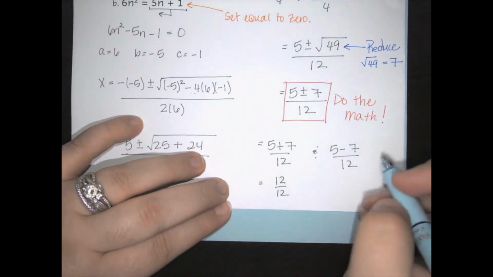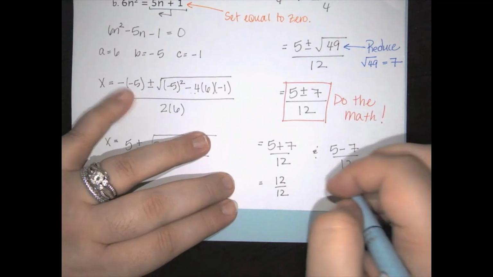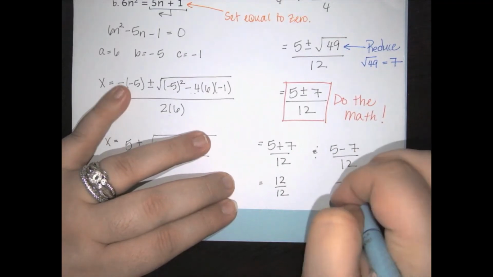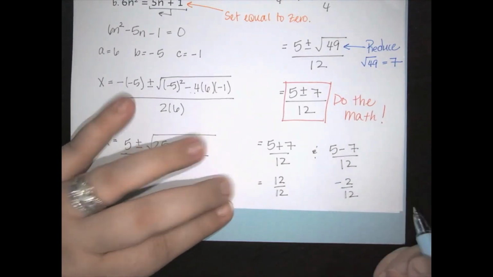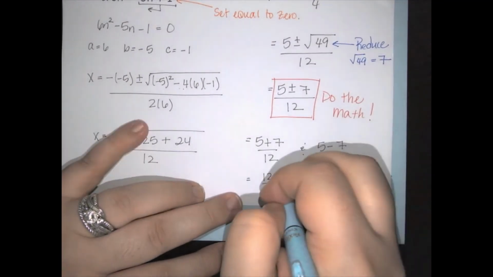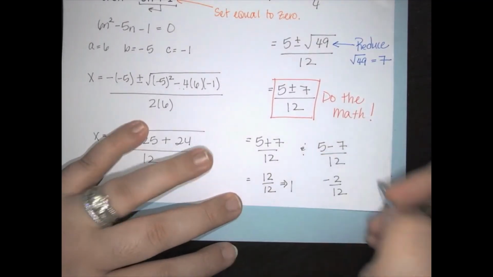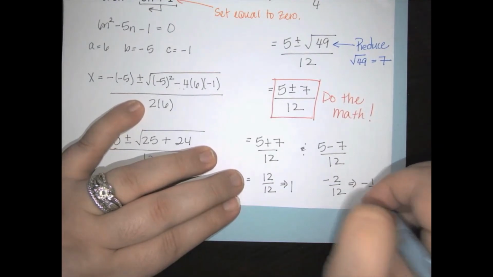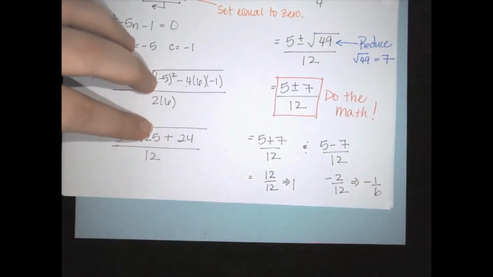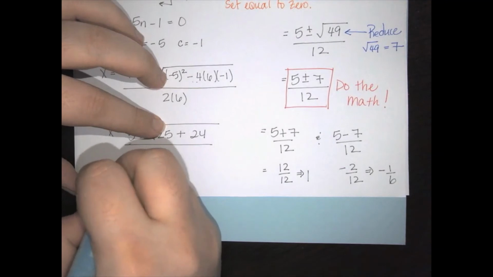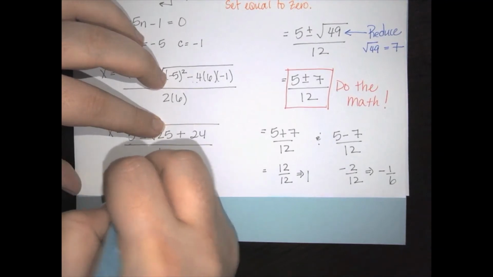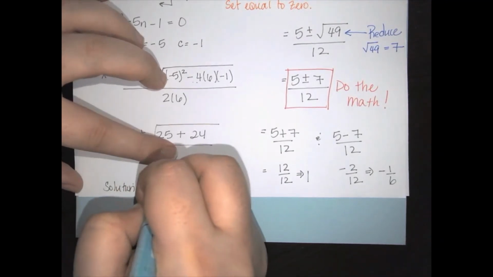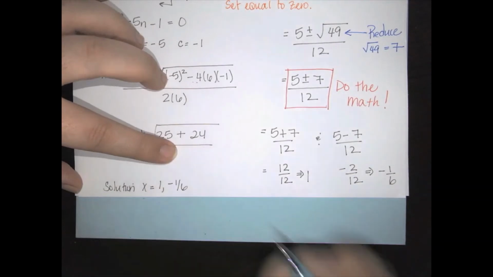And 5 minus 7 is going to be negative 2 over 12. And so if we look at that, they both reduce. This becomes a 1, and this becomes negative 1/6. So here, my solutions are that x equals 1 and negative 1/6.